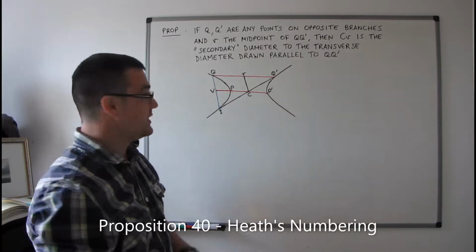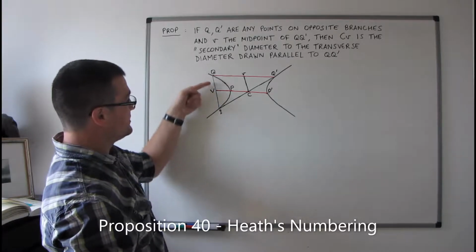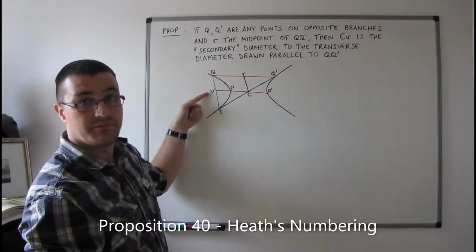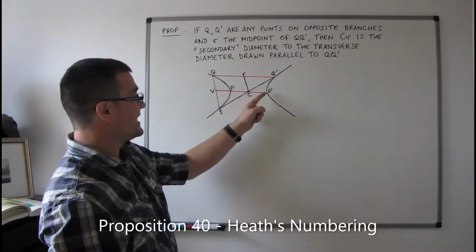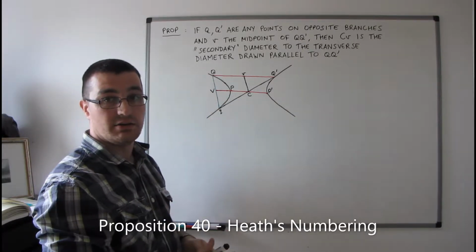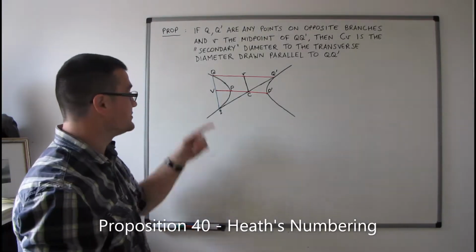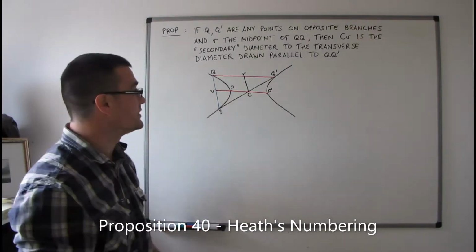What we want to show is that PP' actually bisects this chord at the point v. Just because this is a diameter doesn't mean that it bisects this chord. It will bisect it only if it's the right type of chord, so we want to show that this is the right type of chord.